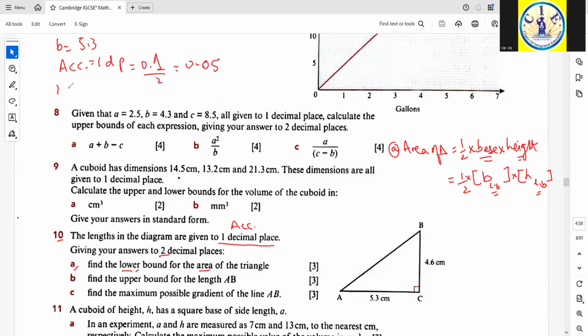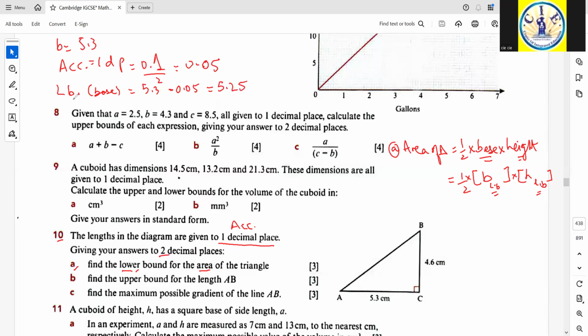So the lower bound of the base is 5.3 minus 0.05, which is 5.25.